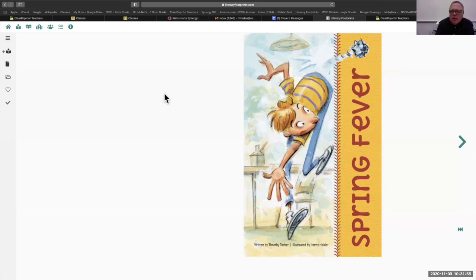We're going to read this book called Spring Fever, and this book is about an incident that happens in a cafeteria, and there's repercussions. There are consequences that happen to this particular individual who just happens impulsively to choose to throw something across the room. Kind of like Mr. Hartman's story a little bit, but we're on the other side of this.